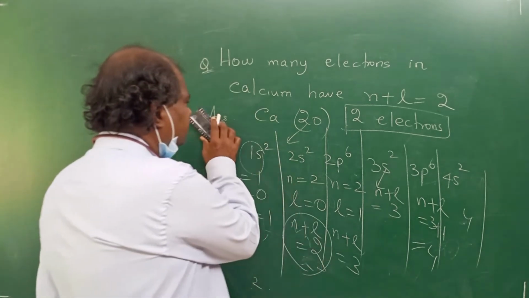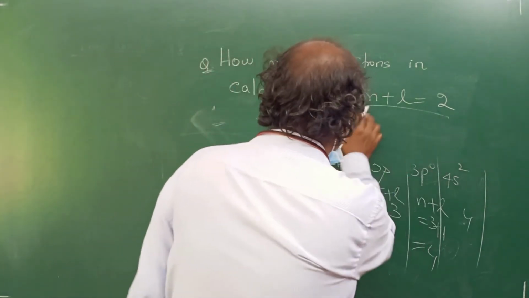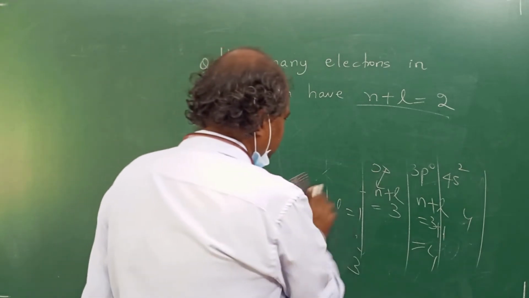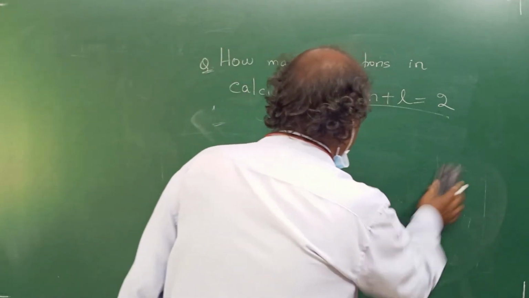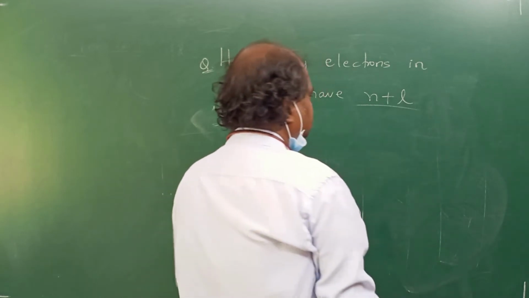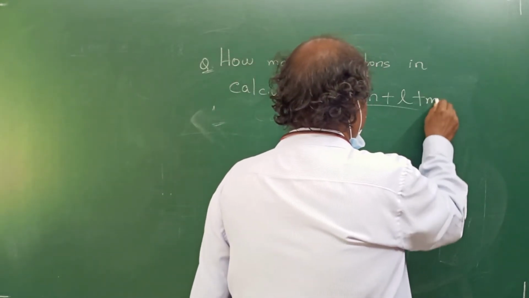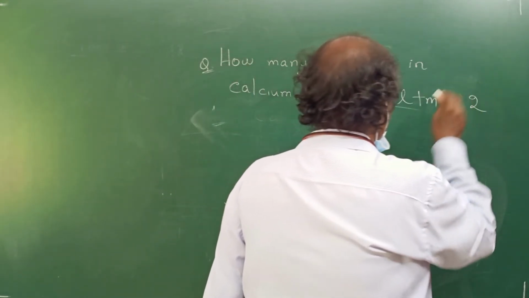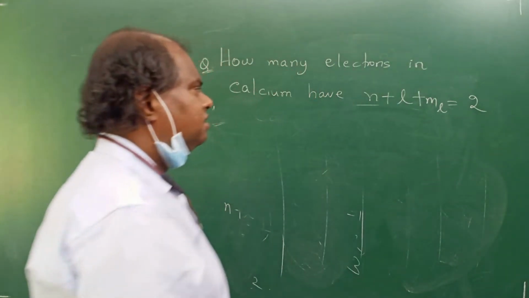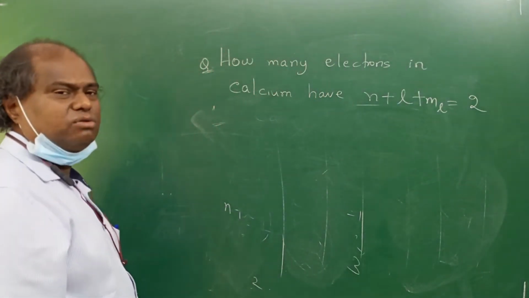Now let's take one like this. How many electrons have n plus L plus Ml equal to 2? Come on, let's do this. N plus L plus Ml is equal to 2.